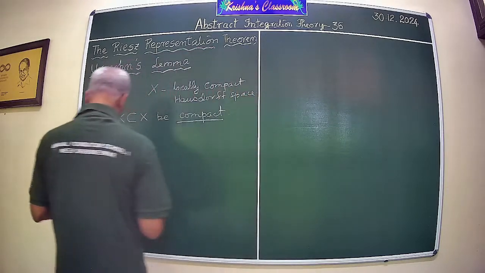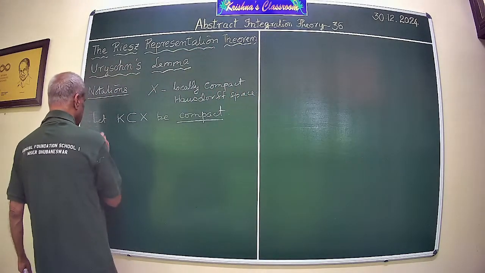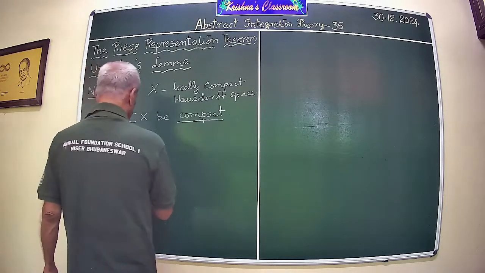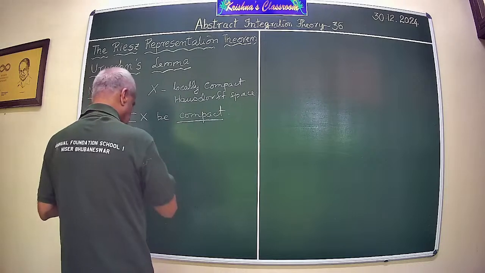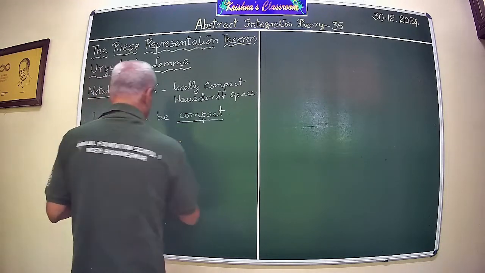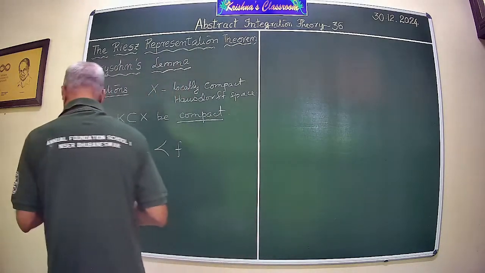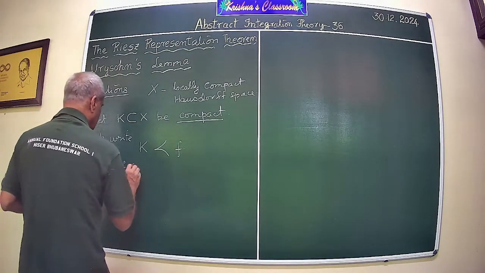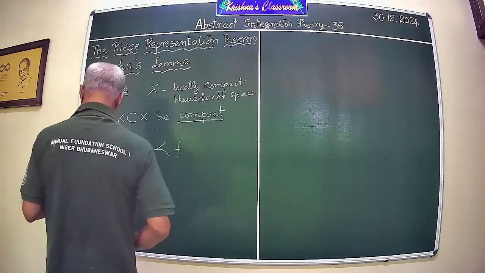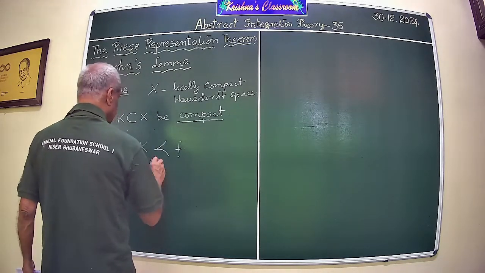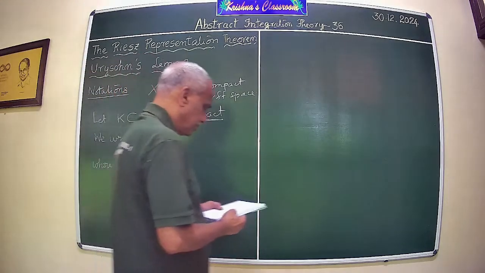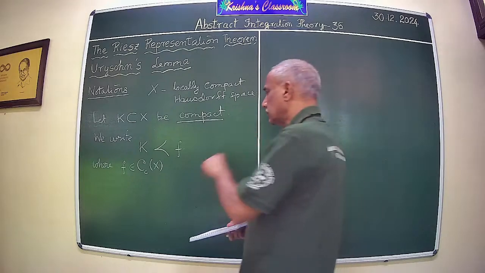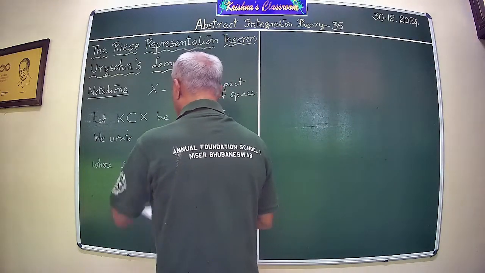Now we use this notation. We write K ≺ f, where f belongs to C_c(X), which means a continuous function defined on X with compact support.